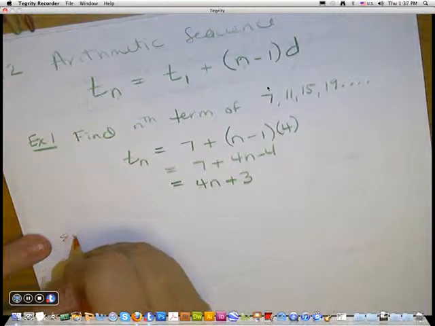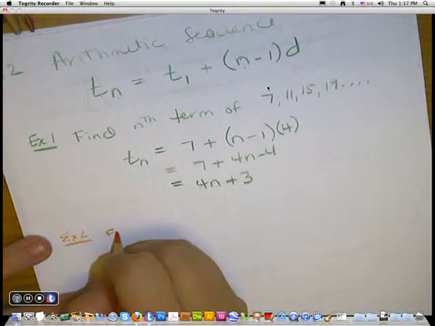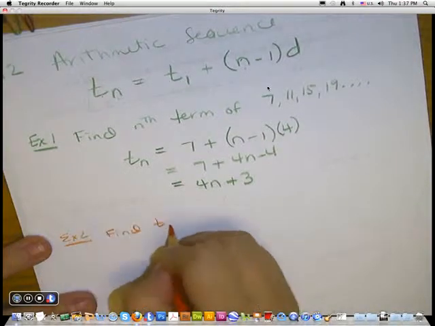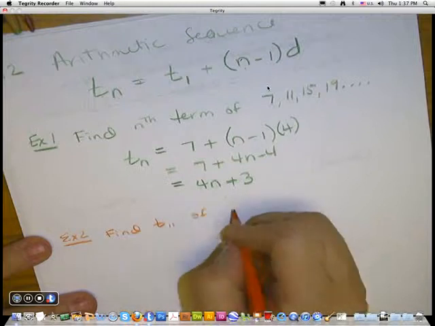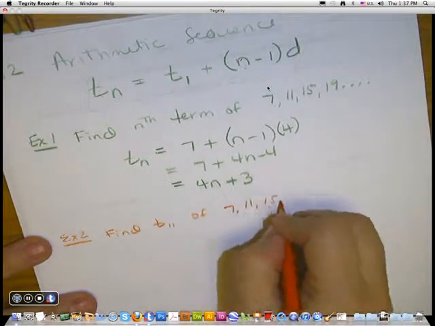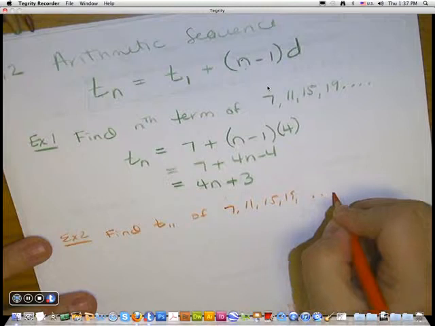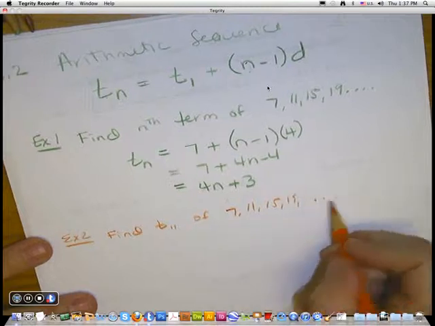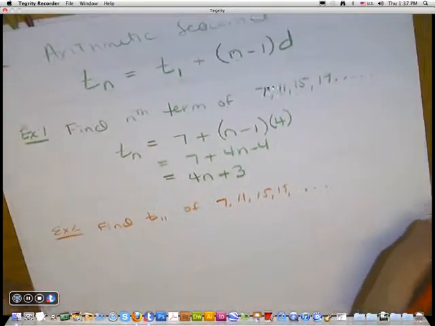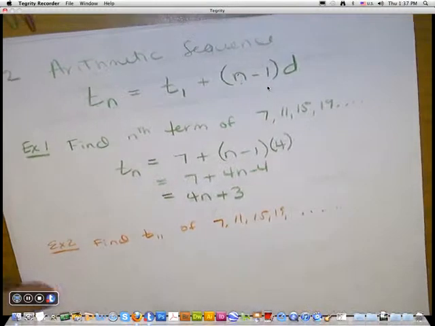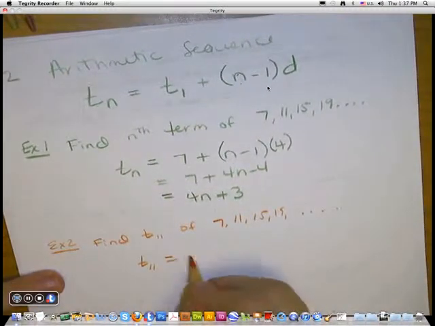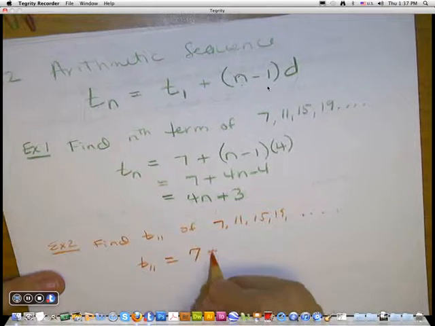All right, example number 2. We're going to find the 11th term of the same sequence. Now, of course, you could keep going out by adding 4, adding 4, adding 4 11 times. But why do that when you have a formula? We want the 11th term. We know what the first term is.